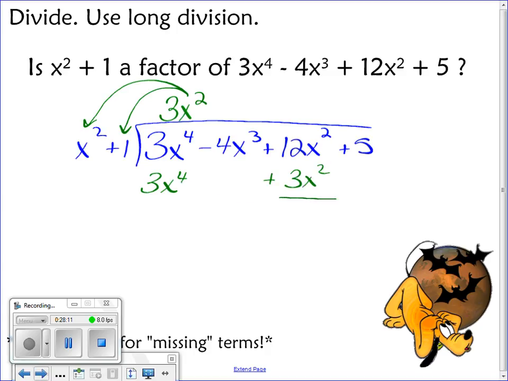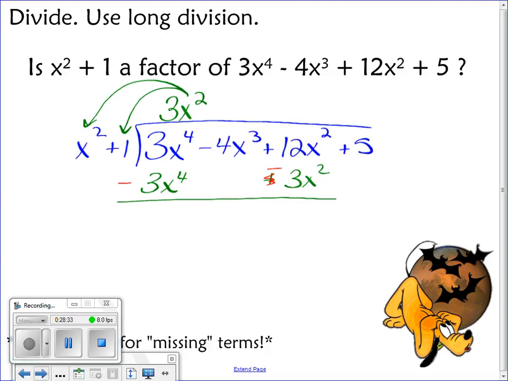That way my like terms actually line up. Change your signs. If you don't want to, you don't have to. I just recognize that my like terms line up over here. It kind of confused me. I just left a bigger space when I wrote it down.